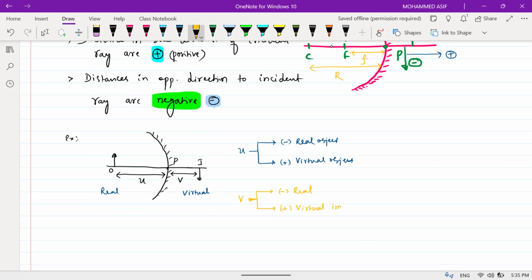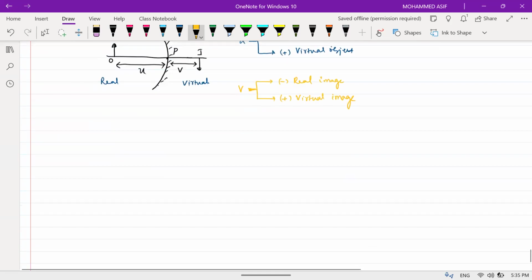This is for your virtual image and this is for your real image. Clear?